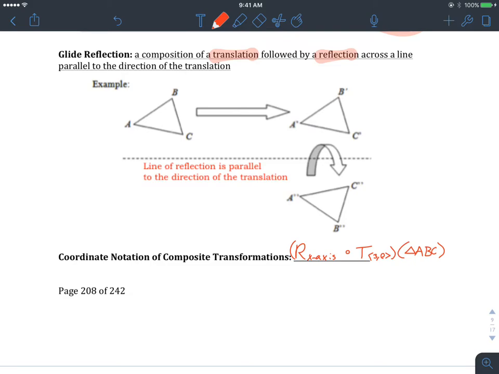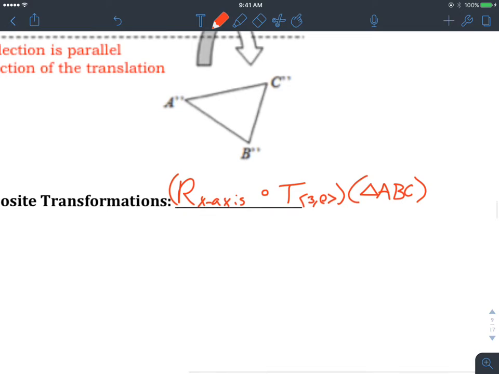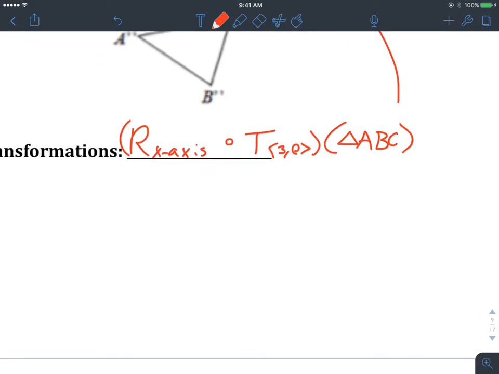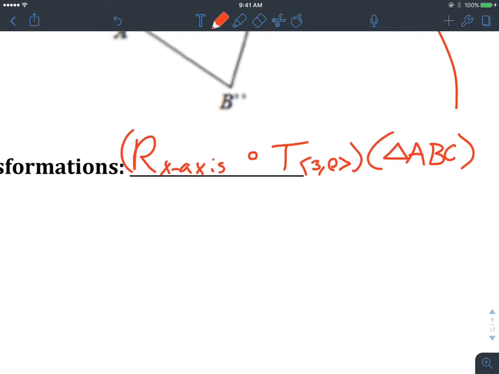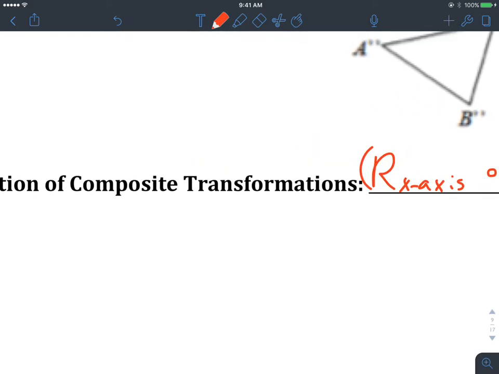So this is a glide reflection up here at the top. It could match up to that. Now, the way you can rewrite it, and you're going to learn a little bit of this in Algebra 2, is function notation, like f of g of x.